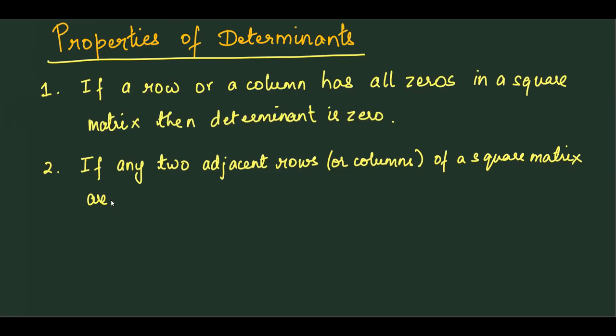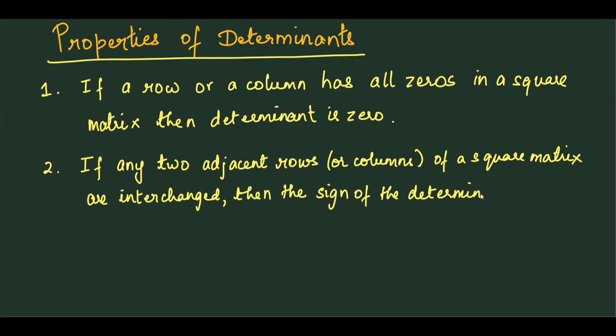If any two adjacent rows or columns of a square matrix are interchanged, then the sign of the determinant changes by -1. If it's positive it will get negative, without affecting the numerical value.